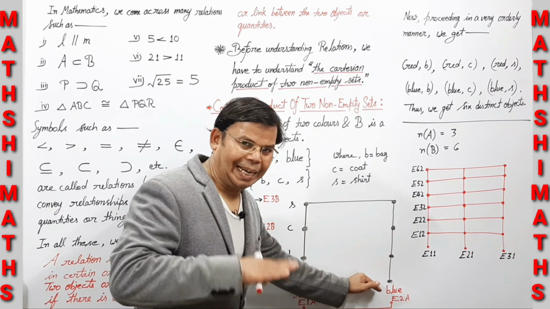So you can say that B is the first element of set B, C is the second element of set B, and S is the third element of set B.